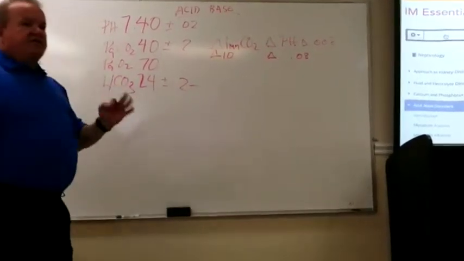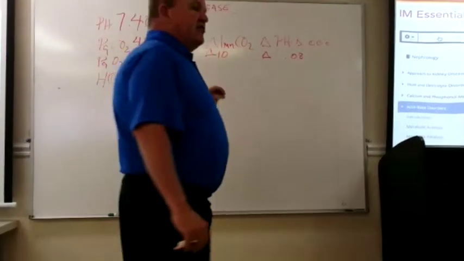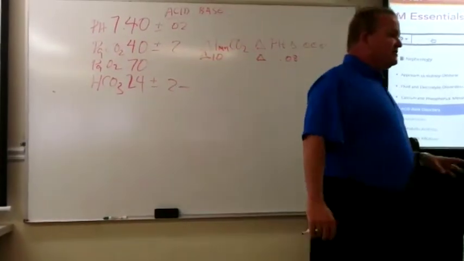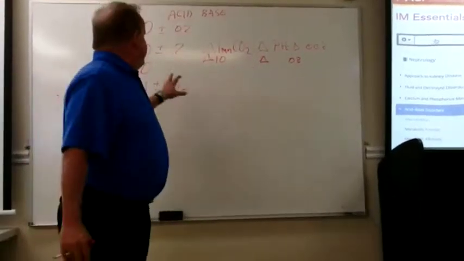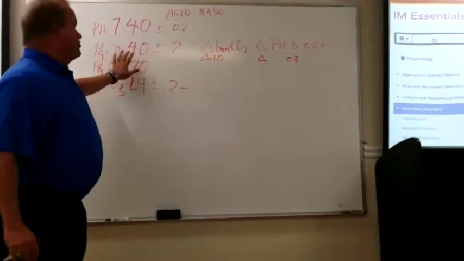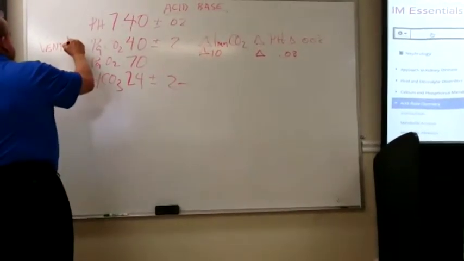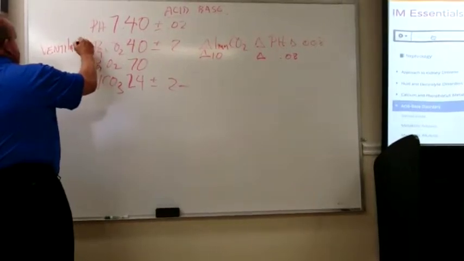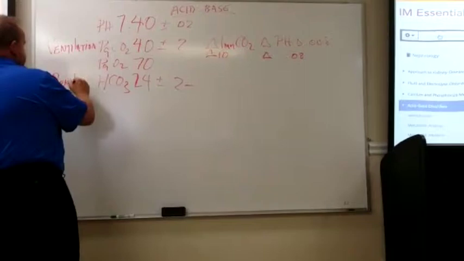Now, if you understand the next sentence I'm going to give you, you will never forget it. I learned this system when I was a medical student, and I never had to change it. So, if you forget about everything but the CO2: CO2 equals ventilation. Bicarb equals renal or metabolic.